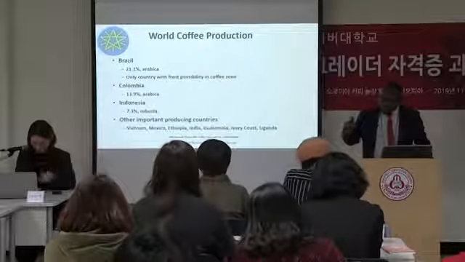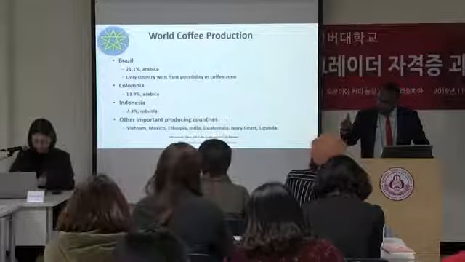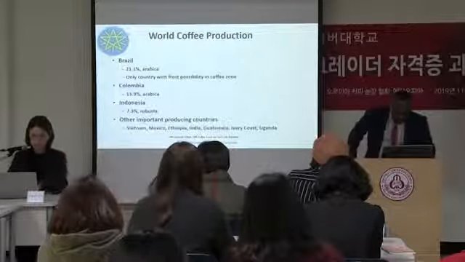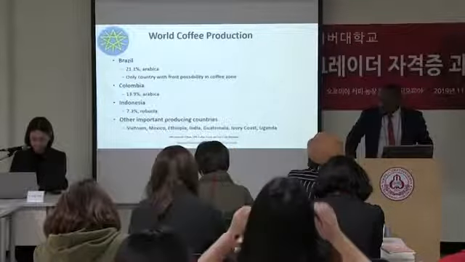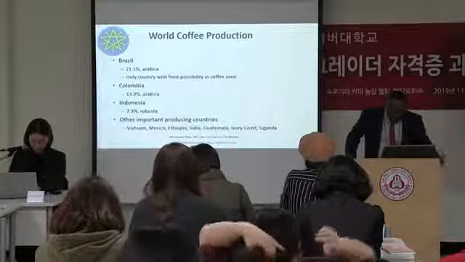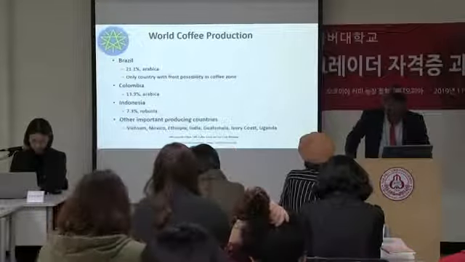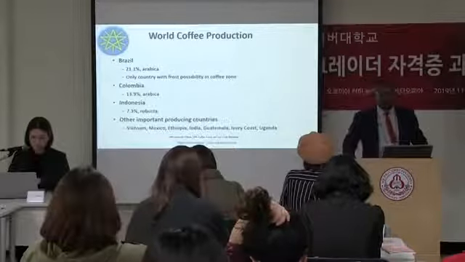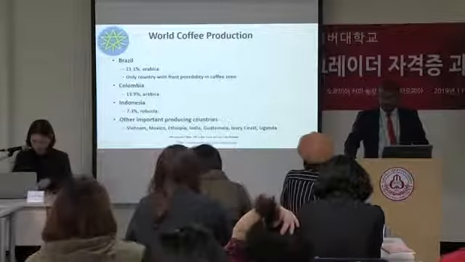This is Arabica coffee, 21.1% is produced by Brazil. The second one is Colombia, then Indonesia, and others like Vietnam, Mexico, Ethiopia, India, Guatemala, Ivory Coast, and Uganda are the leading coffee producing countries in the world.